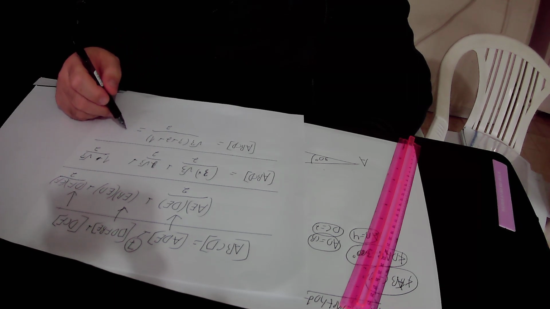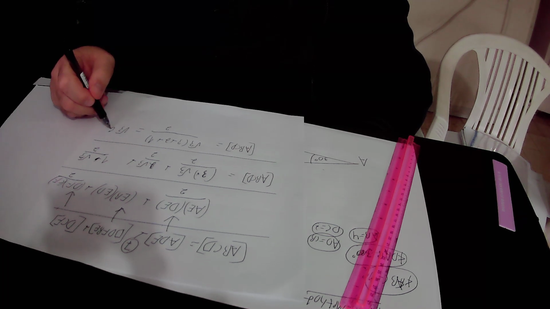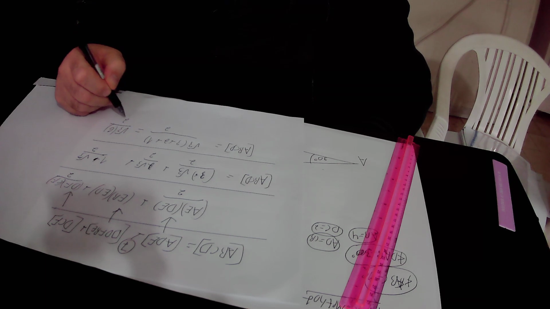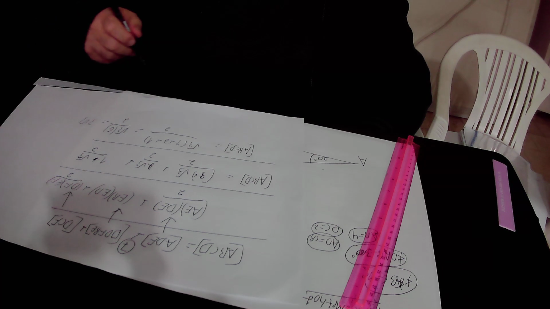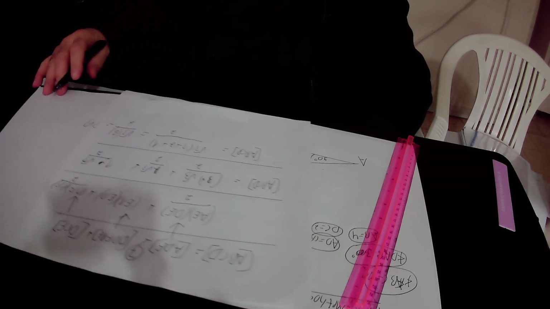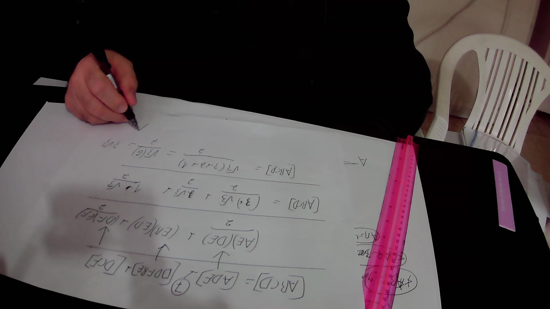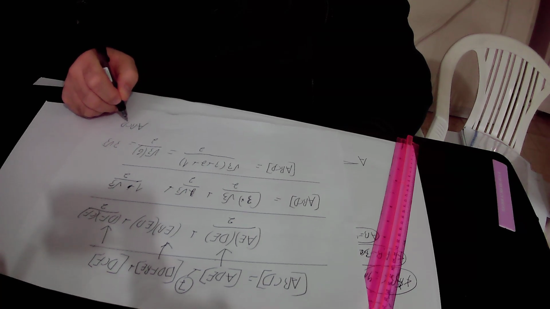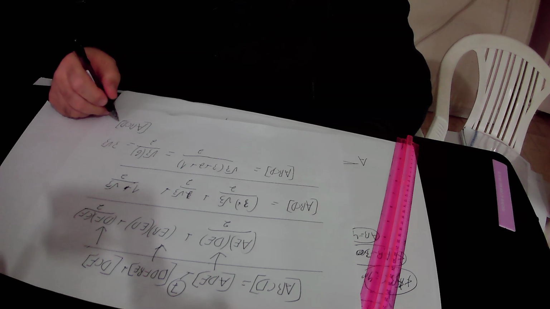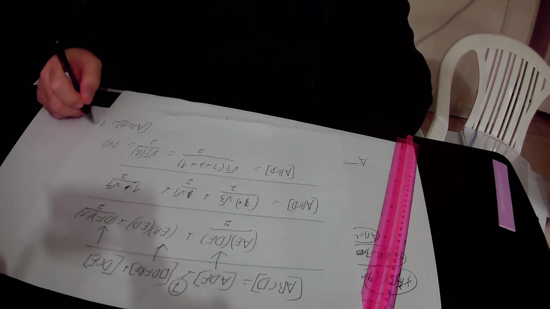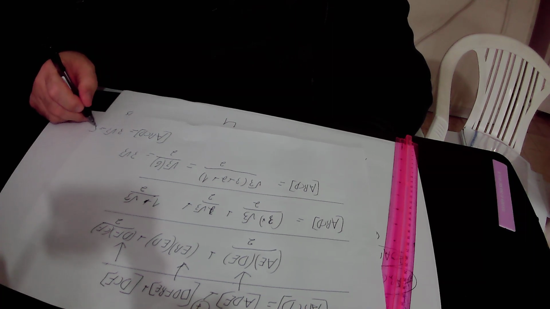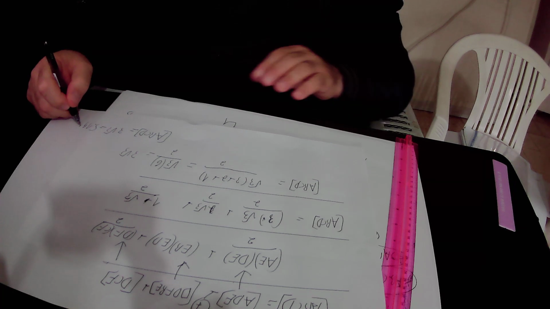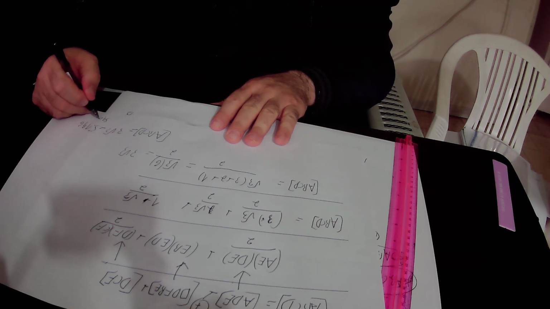So we get square root of 3 times 6 over 2, which is 3 times square root of 3. So the area of quadrilateral ABCD, according to the first method, equals 3 times square root of 3 square units, or in terms of numbers, 5.196 square units.